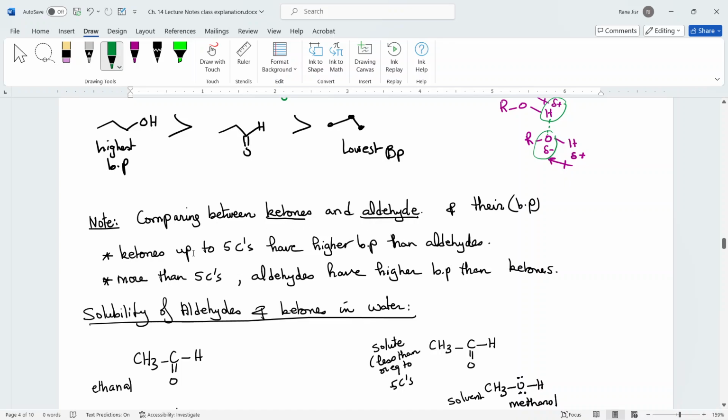My cutoff is always 5 carbons. Up to 5 carbons, ketones have higher boiling points than aldehydes. Now, as the number of carbons increases, I need to go with the aldehydes. Aldehydes will have a higher boiling point than the ketone.